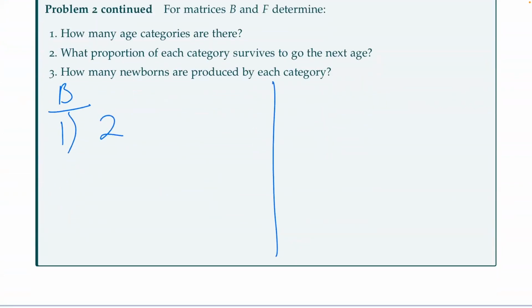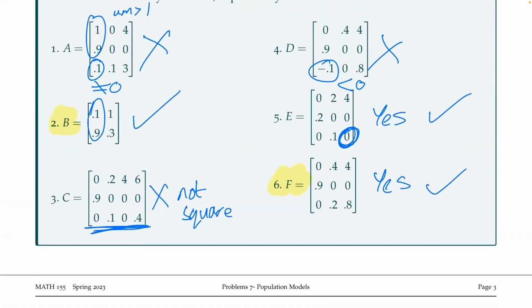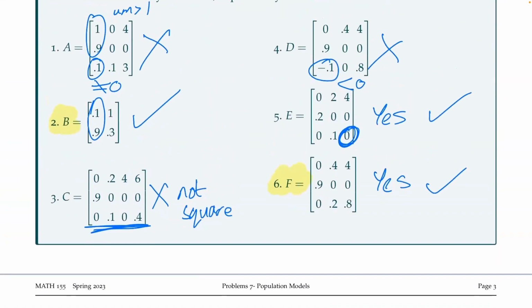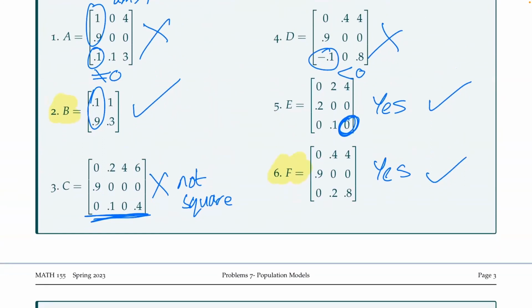What proportion of each category survives to the next stage? We've only got one category that can survive to the next stage. So what proportion survives to the next stage in B? 0.9. Yep, so it's this thing here. Elements below the main diagonal are going to tell us about aging.